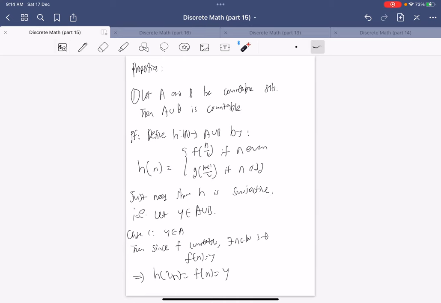Now let's talk about certain properties of countability. If A and B are countable, then A union B will also be countable. You can define the function as follows, and you just need to check that it's surjective.